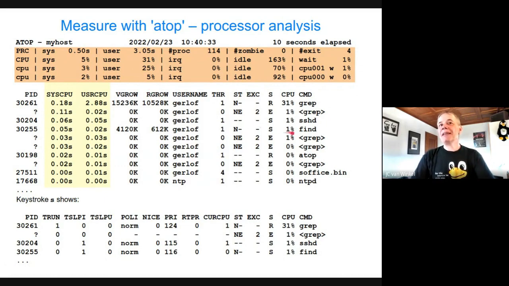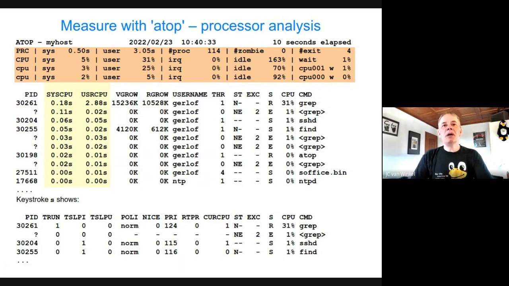However, that includes 0.05 seconds for these 2 greps together, which Top would not report. So the sum of what Atop reports here will be more than what Top would report, because Top doesn't take into account all the processes that have exited.